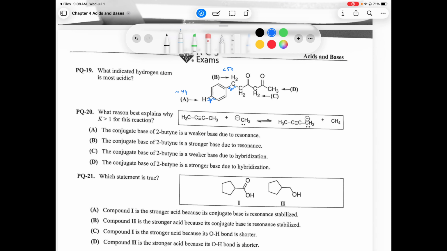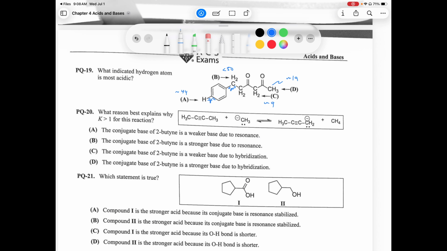Then we go over to C. And if you remember C, we have that 1, 2, 3, the 1,3-dicarbonyl. So by memorization, you would know that C has a pKa that was around 9, is what we said. I'll just put the number in there, around 9. And then this one here is next to a carbonyl, so it's going to be close to a ketone, which is around 19.